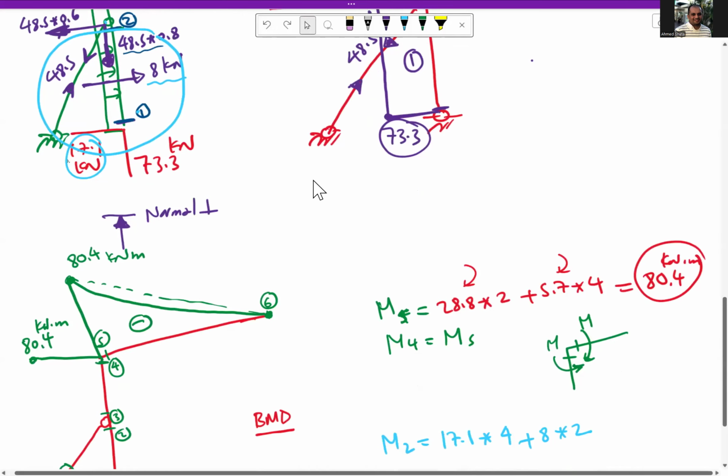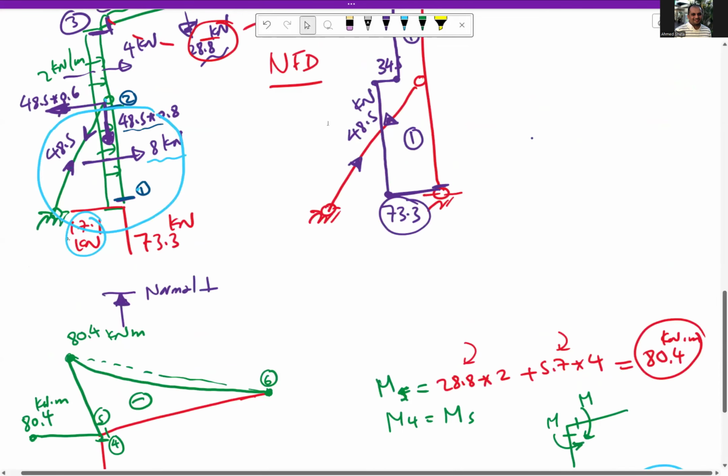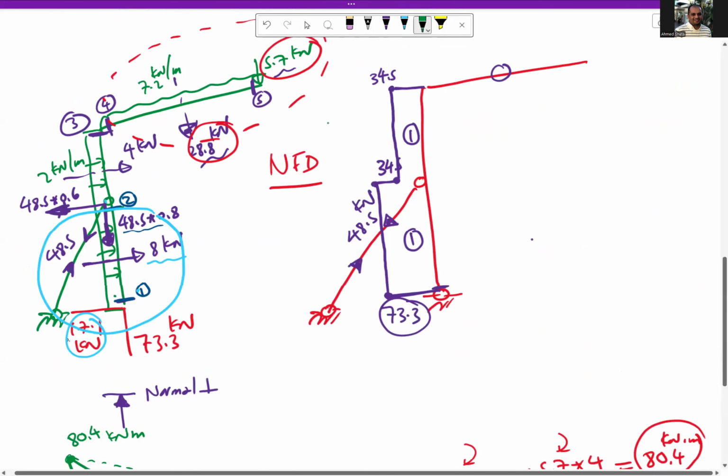That's why we add them together. So the moment here will be 84.4 kilonewton meter. So the moment at section 2 is 84.4 kilonewton meter.